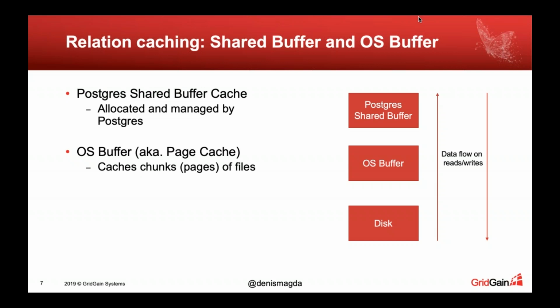At the same time, you know that all the modern operating systems, including Linux, FreeBSD, macOS, and Windows, support so-called operating system buffers or page cache. Buffer cache. There are many names for that caching technique, but the principle is always the same. Your operating system will use a part of your available RAM to cache chunks of files right in RAM.